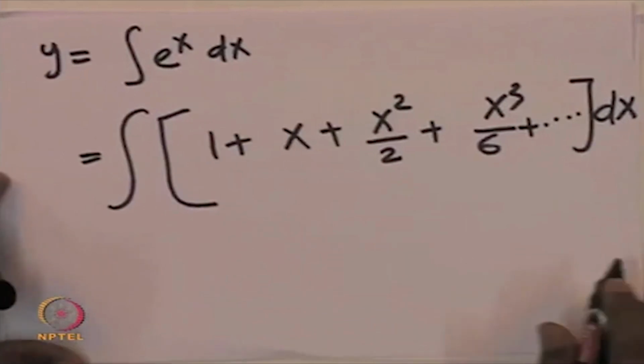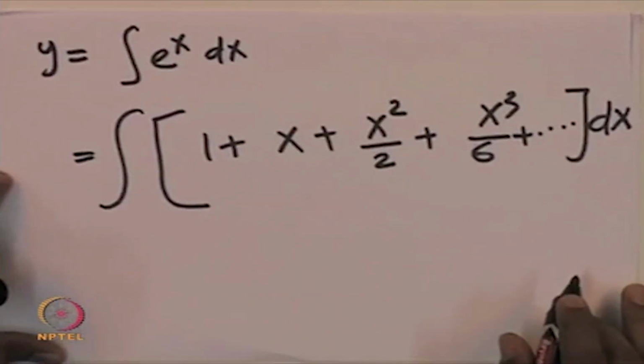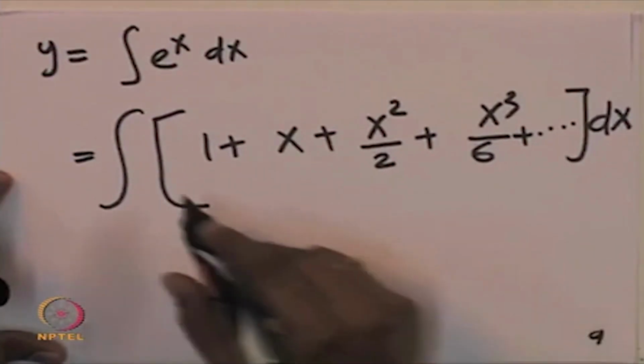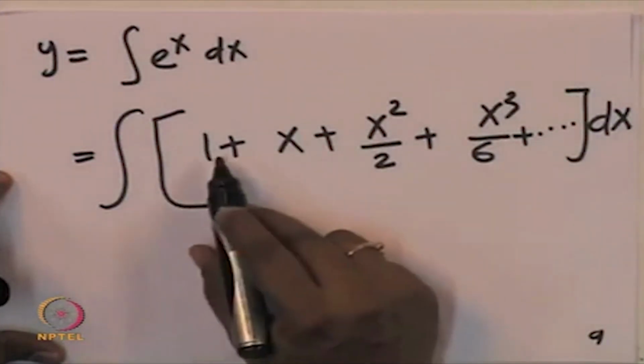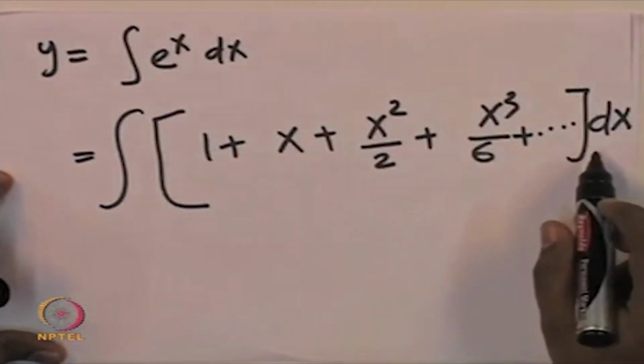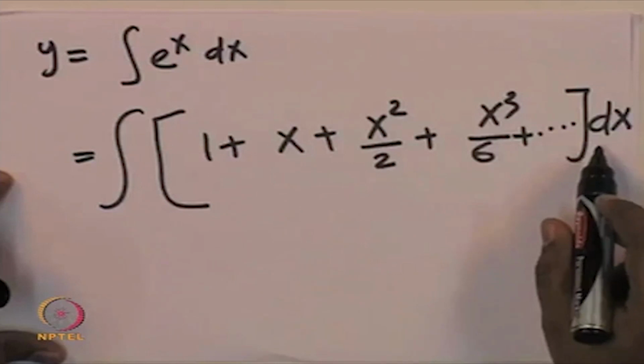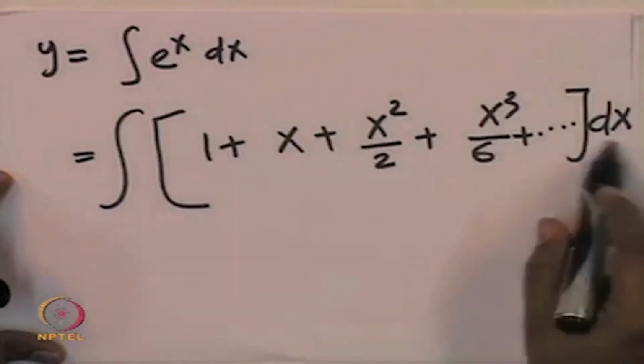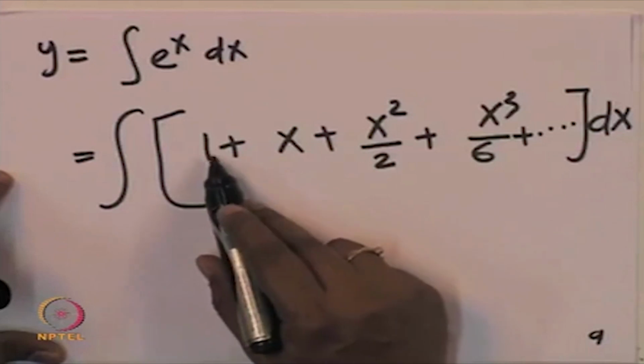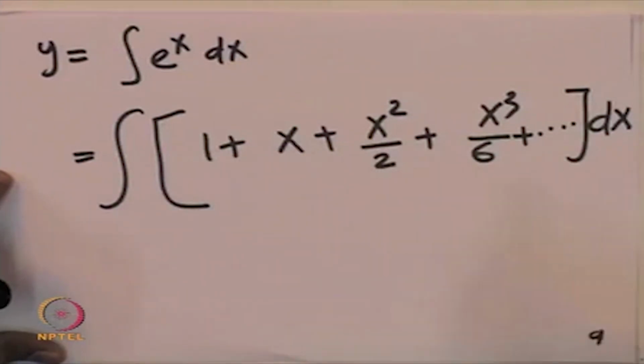So, this is your y. Now, as we did for differentiation, each of these terms you can separately integrate. You can find the integral of each term and sum them.